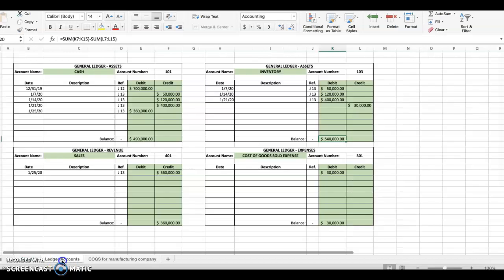Now, let's take this out that we had in here earlier.